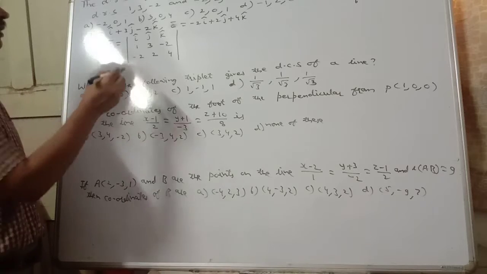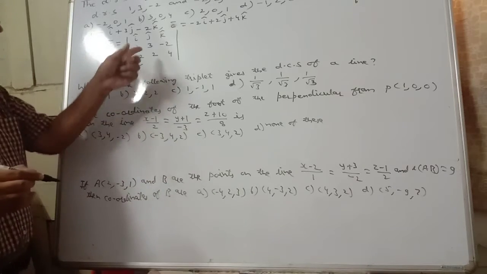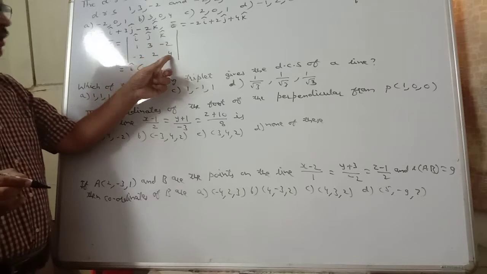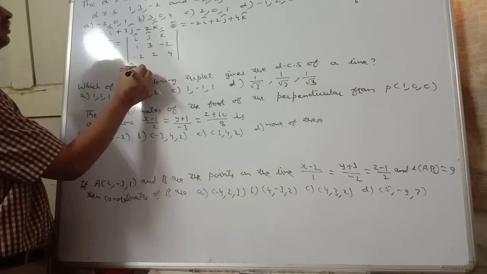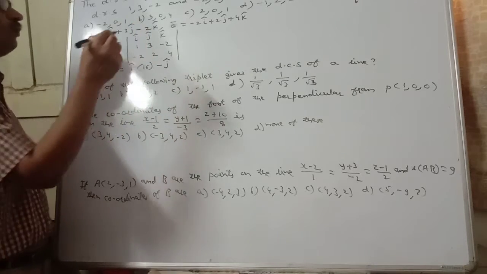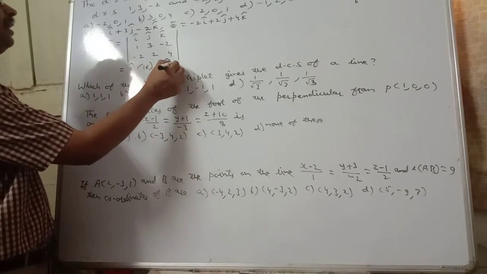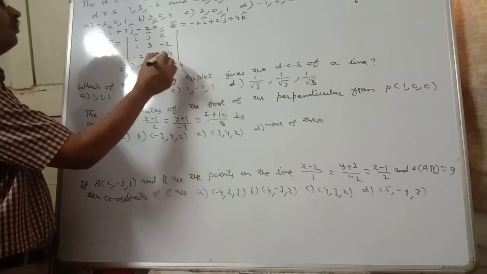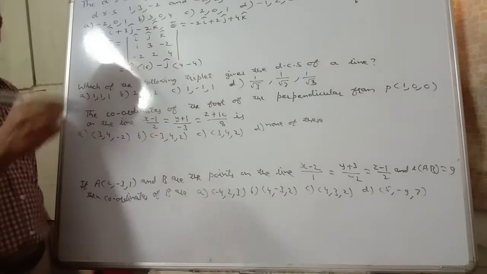Evaluate determinant. i into 12 minus minus plus 4, that is 16. Second element of first row with opposite sign, so minus j in bracket 4. Product is 4 but we have to subtract, minus 4.